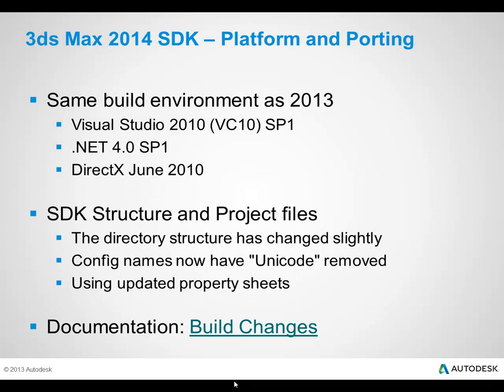The same build environment as 2013 is supported, so Visual Studio 2010 with Service Pack 1. You need to have at least .NET 4.0 Service Pack 1, and at a minimum the DirectX June 2010. The 2014 release does support DirectX 11 through the Nitrous viewport, so you can use the later DirectX if you want.